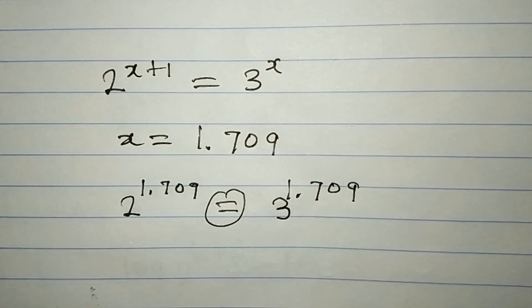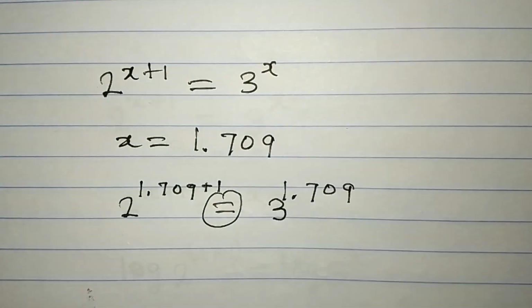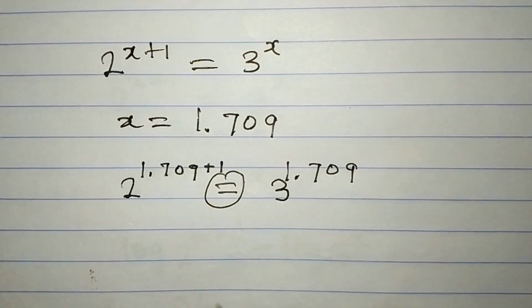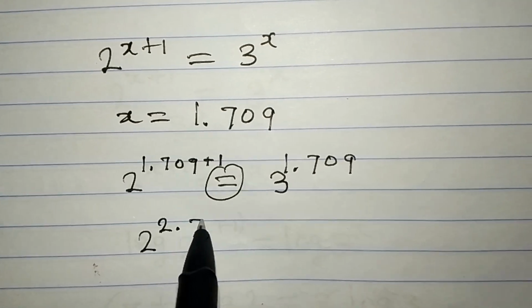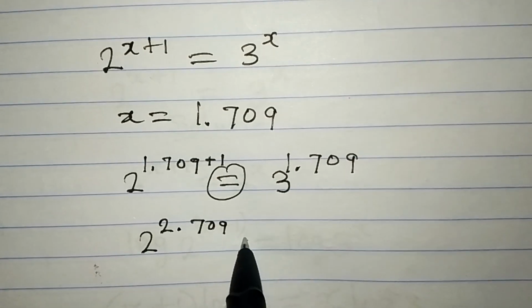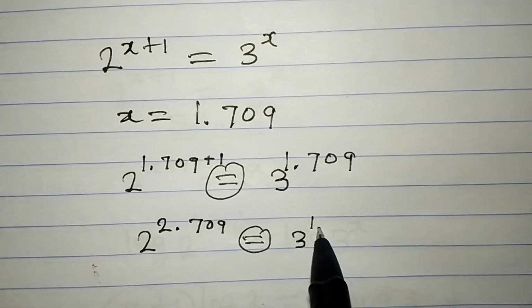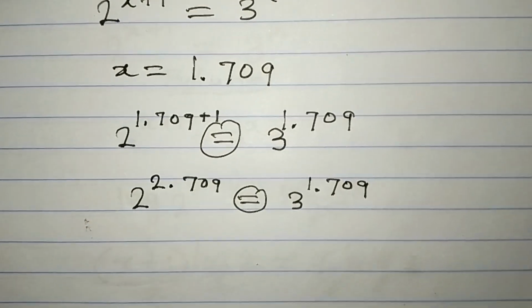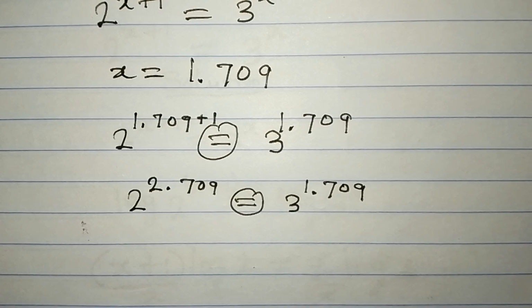Now, this has to be added to 1. We need to add 1 to this because of that. Now, if you add this, you'll be having 2 to the power of 2.709. Should this be equal to 3 to the power of 1.709? Now, let's use a calculator to see what we have on the right and on the left hand side.